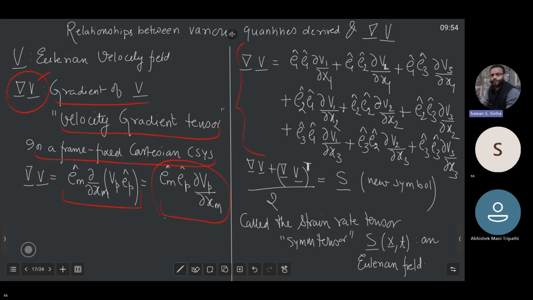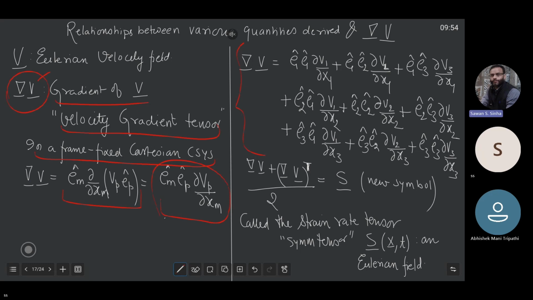Please see if the indices are okay or not. 9 components, and so on. Look fine? Okay. So this is the full version.